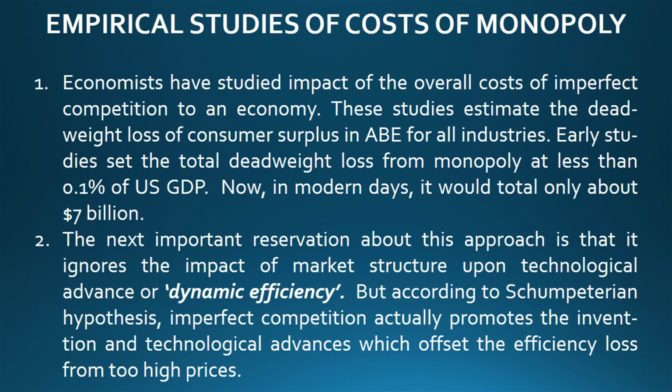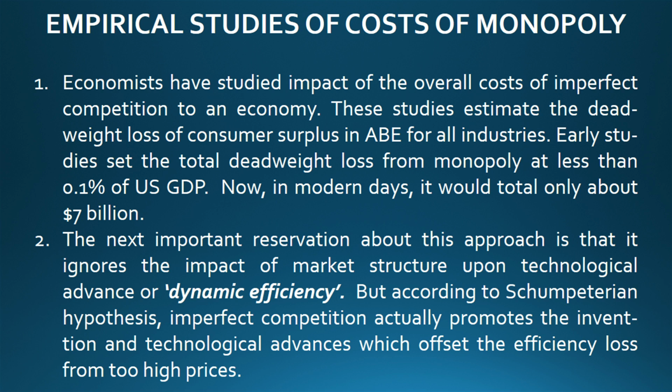1. Economists have studied the impact of the overall costs of imperfect competition on an economy. These studies estimate the deadweight loss of consumer surplus in the BE for all industries. Early studies set the total deadweight loss from monopoly at less than 0.1% of US GDP. Now, in modern days, it would total only about $7 billion. 2.